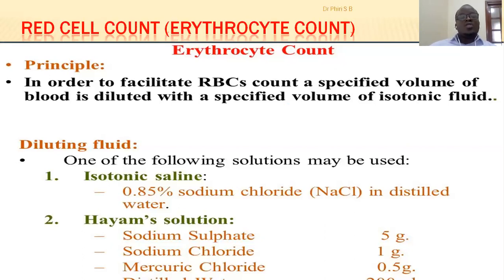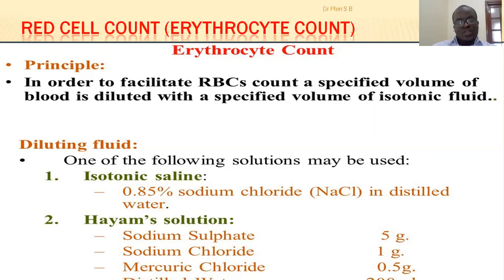There is isotonic saline, which is composed of 0.85% sodium chloride in distilled water. So you just add 0.85% sodium chloride in distilled water, then you have isotonic saline, normal saline, that you can use to dilute the red blood cells to count them. Then you also have Hayem's solution.